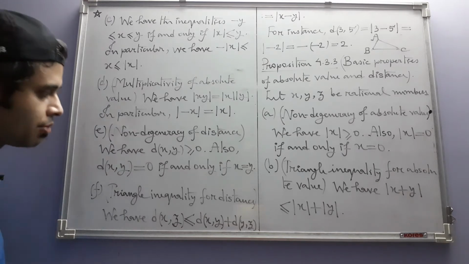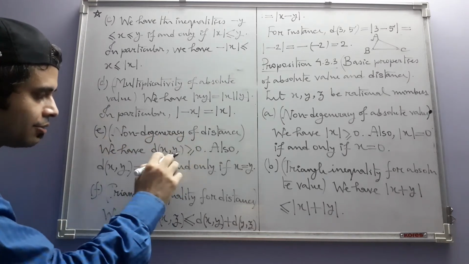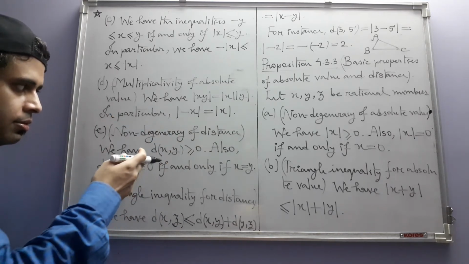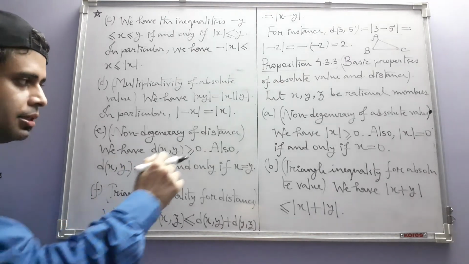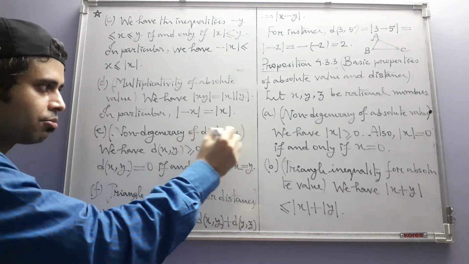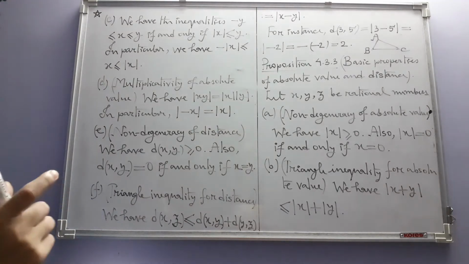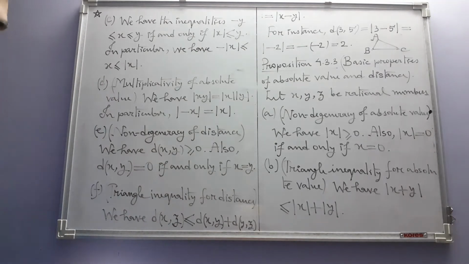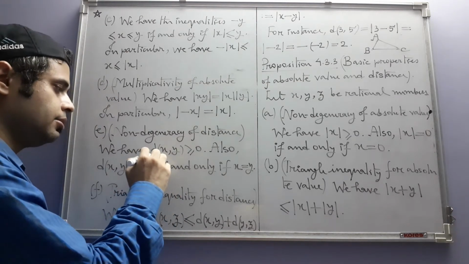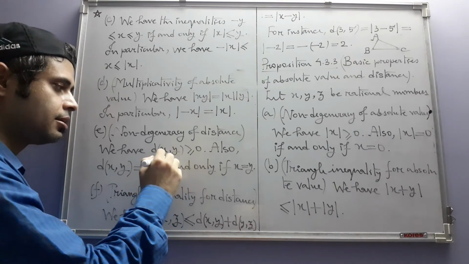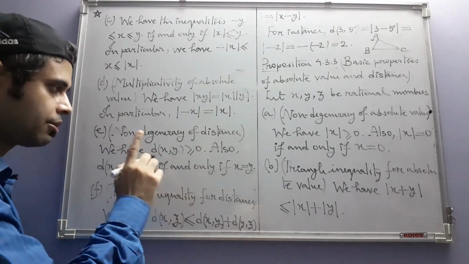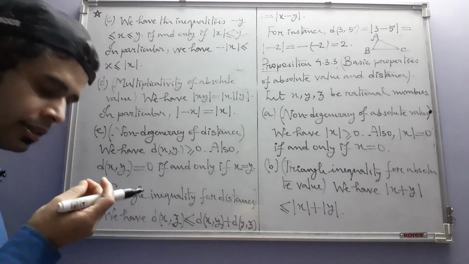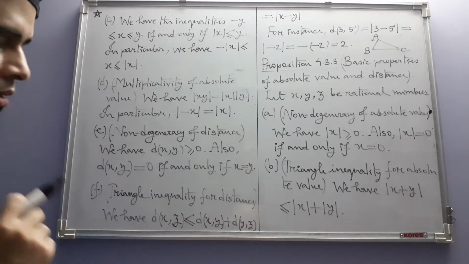And then you notice one more thing, non-degeneracy of distance. If we think of distance as ordinary distance, that we know what this word means in ordinary life, then these properties make sense. For example, distance is always either positive or zero, and also distance is zero if and only if the points are at the same place, they are the same thing.